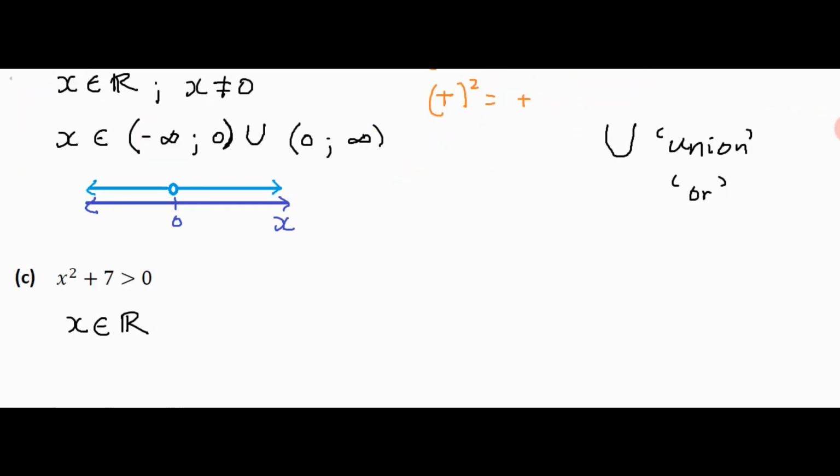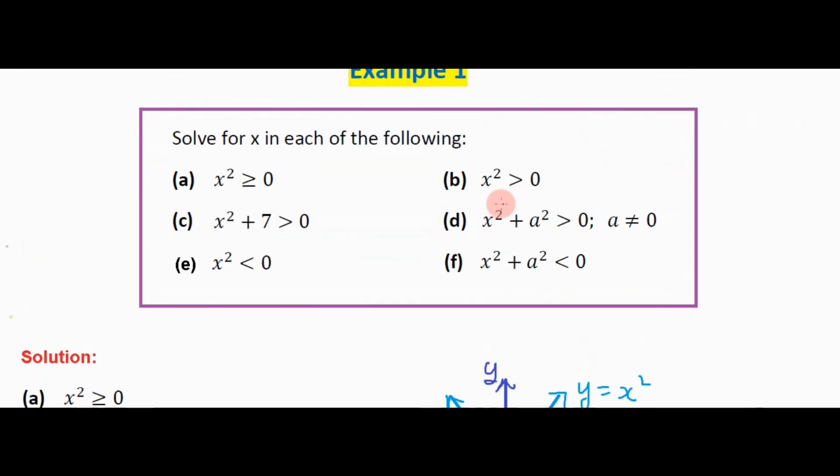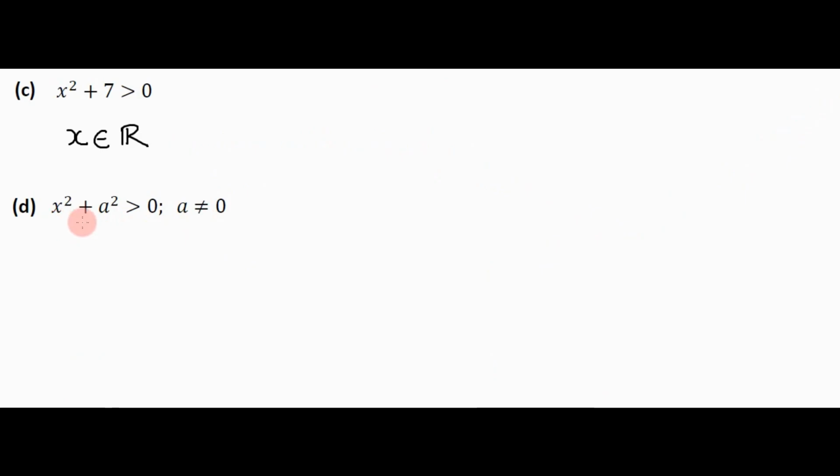Then looking at D, we have x squared plus a squared strictly greater than 0. And we are also told that a isn't equal to 0. Now, what we have on the left-hand side of this inequality is a sum of two perfect squares. The sum of two perfect squares will either be positive or equal to 0.